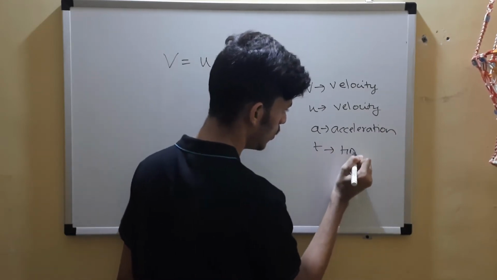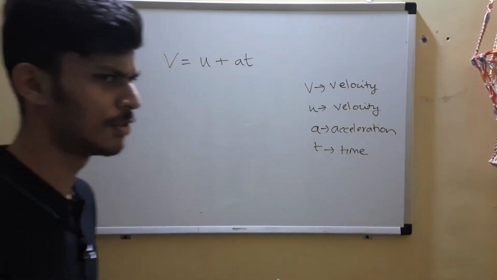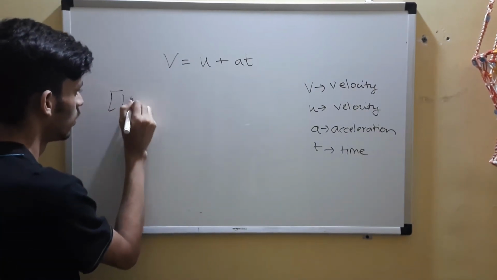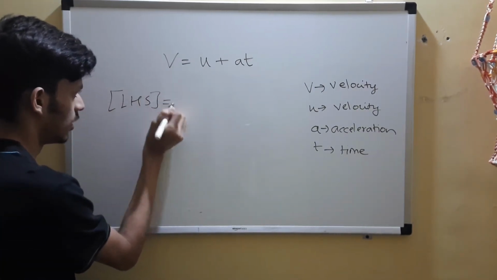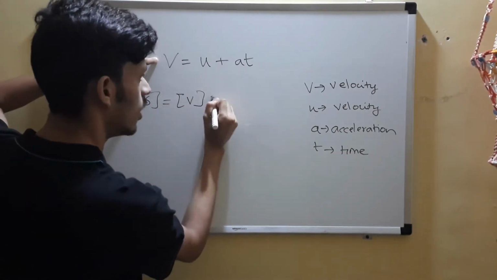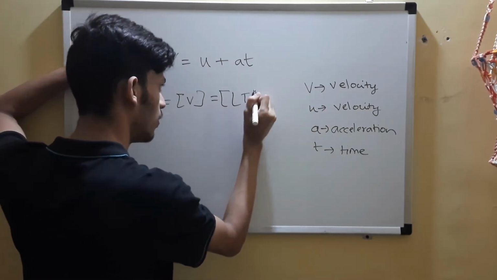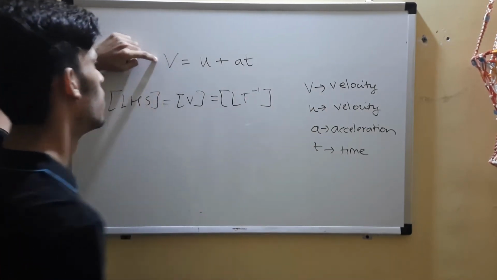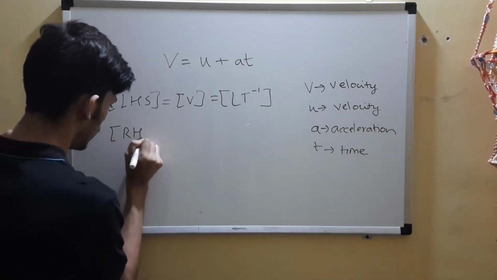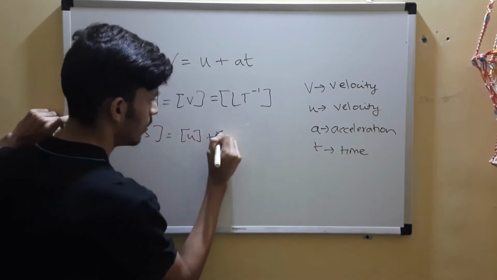So how will you do this now? There is also a plus sign in between. Is it confusing? No, let's try it. Let's try the same method. LHS, dimensions of LHS, which is dimensions of V, and V is velocity, so LT raised to minus 1. Okay, now go for this right hand side, which means dimensions of U plus dimensions of AT.